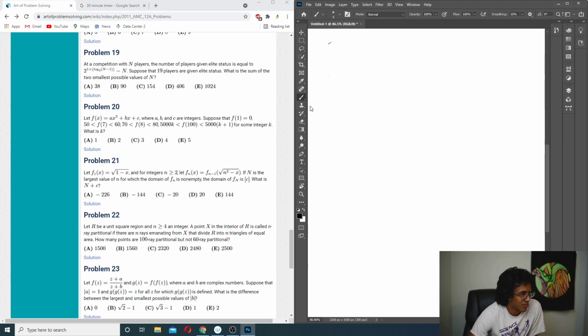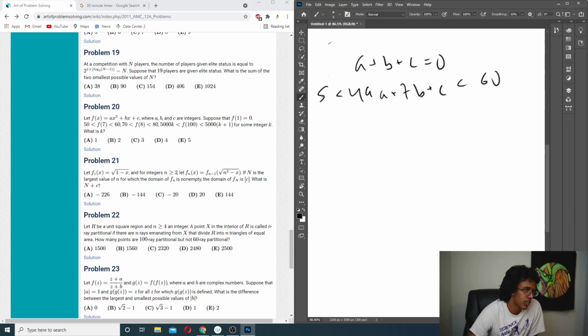Okay, what are we able to do with this information? So essentially we've got a plus b plus c is equal to 0, right? Then we've got 49a plus 7b plus c is between 50 and 60.